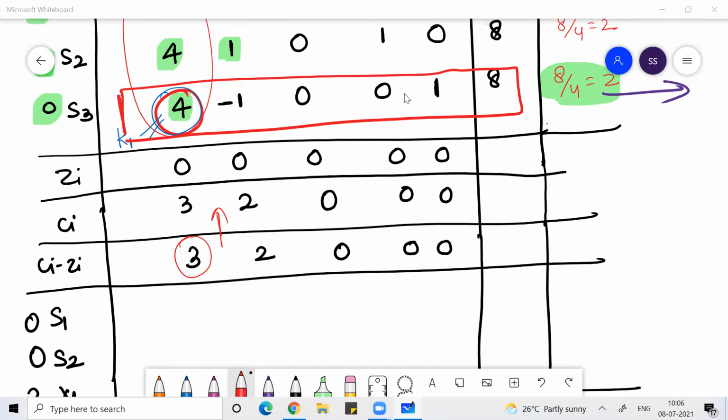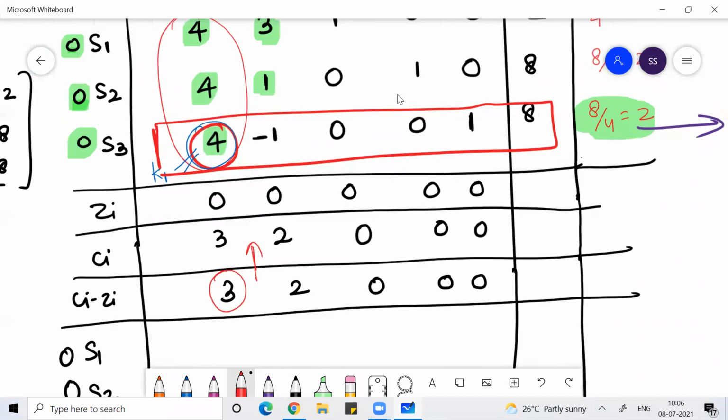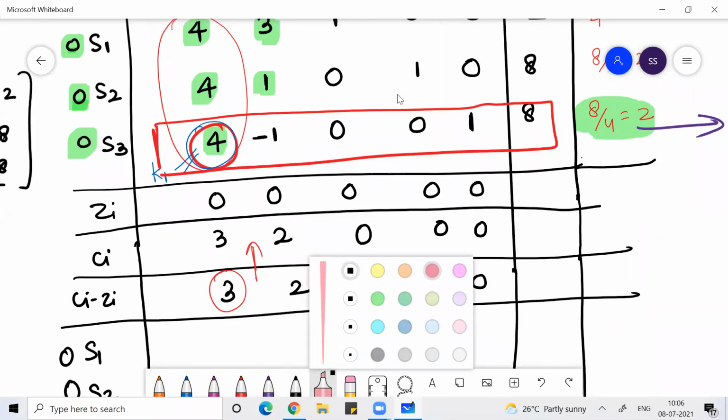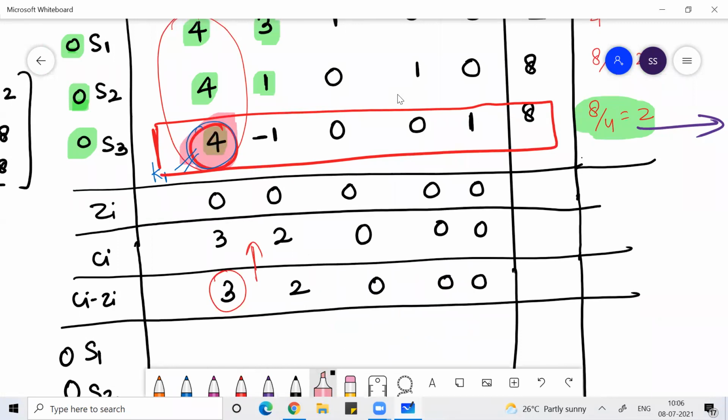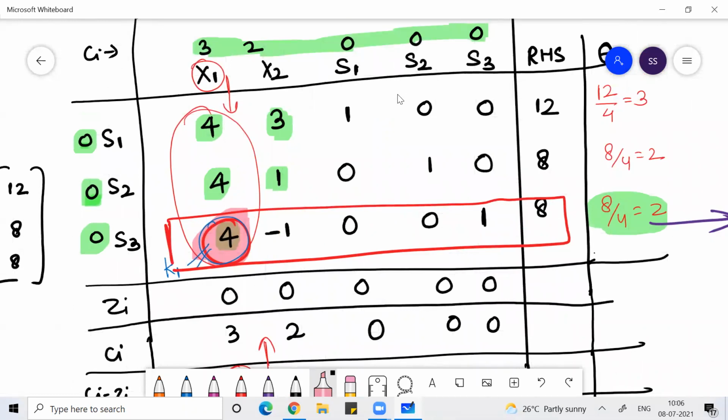Abhishek, what is K1? K1 is the variable which is corresponding to both of them. Here X1 is entering into the solution and S3 is leaving the solution.